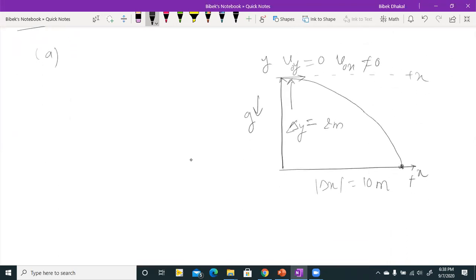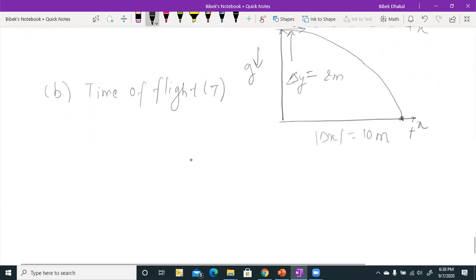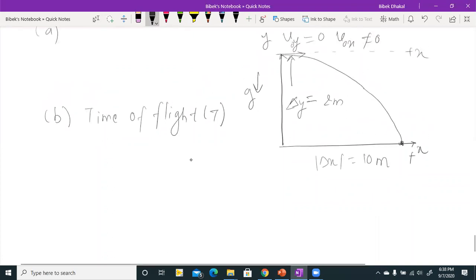So at first, after you draw the labeled diagram, in part B you're asked to find the time of flight. What is the time of flight that the stone takes to come from here to here? Let's use the equations of motion. You have the distance, that's delta y.